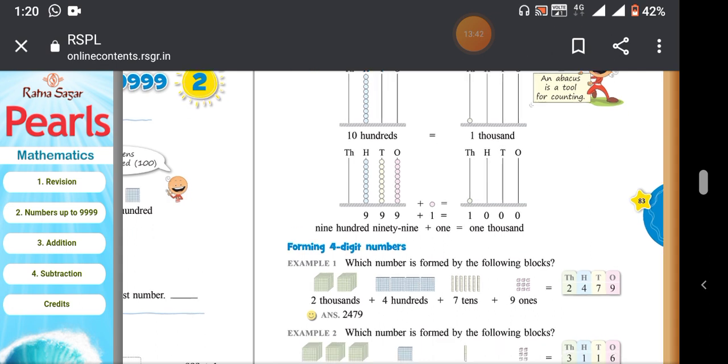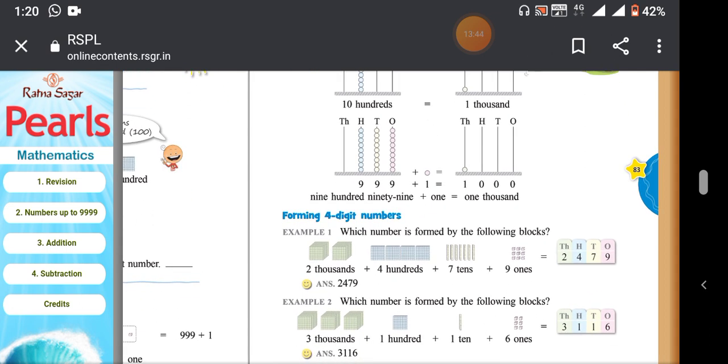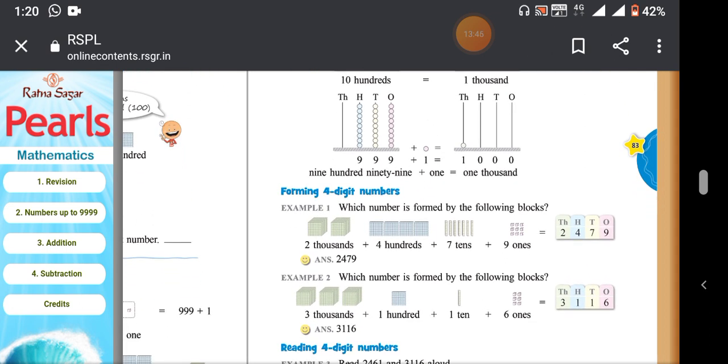1. Which number is formed by the following blocks? So observe the picture and write the number children. First, 2 boxes are there. Those boxes indicate 1000 values. Then there are 4 boxes. Those indicate the hundreds place.